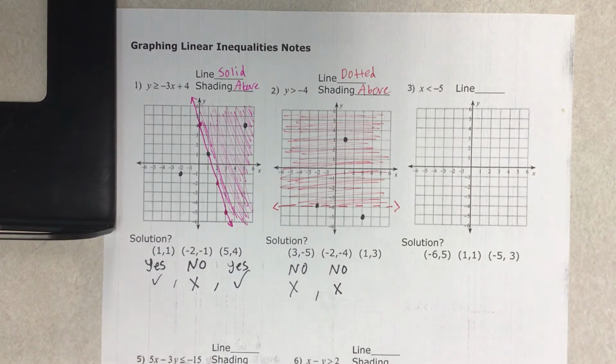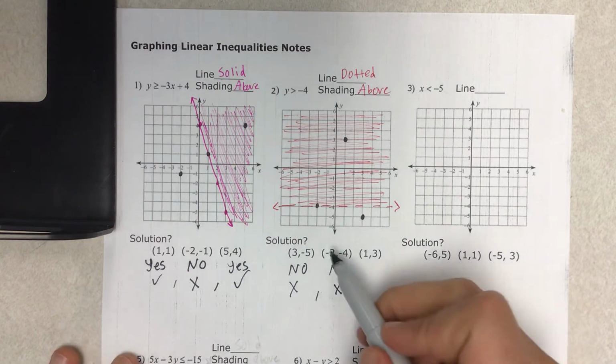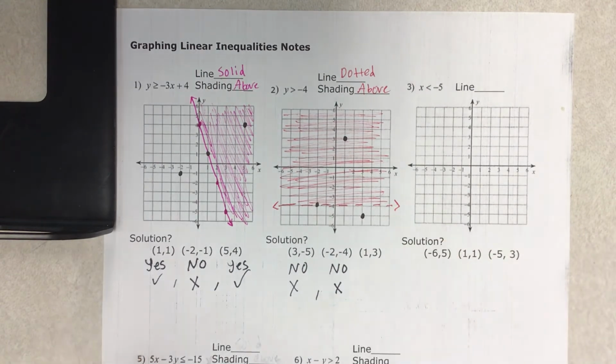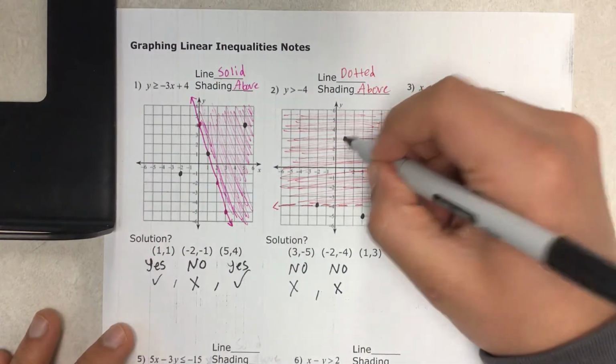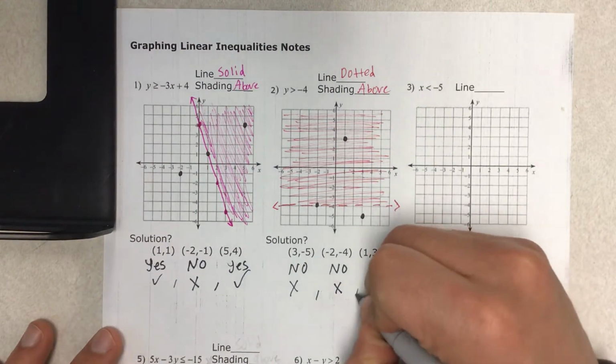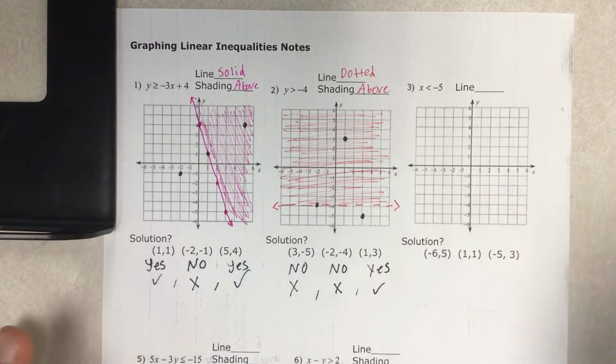It's only a solution if it falls on the solid lines, okay? If it falls on the dotted lines, it is not a solution. So this point right here, since it's on the dotted line, not a solution, okay? And then 1, 3. 1, 3 is clearly in the shaded, so that one is yes. That is still a solution, okay? If it's ever clearly in the shaded, it's a solution.